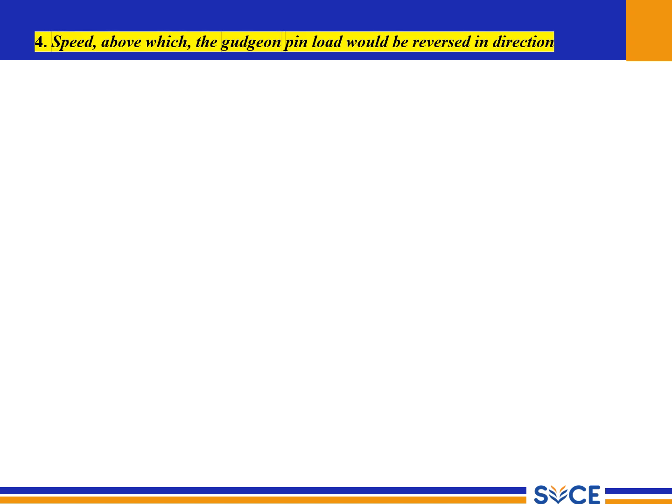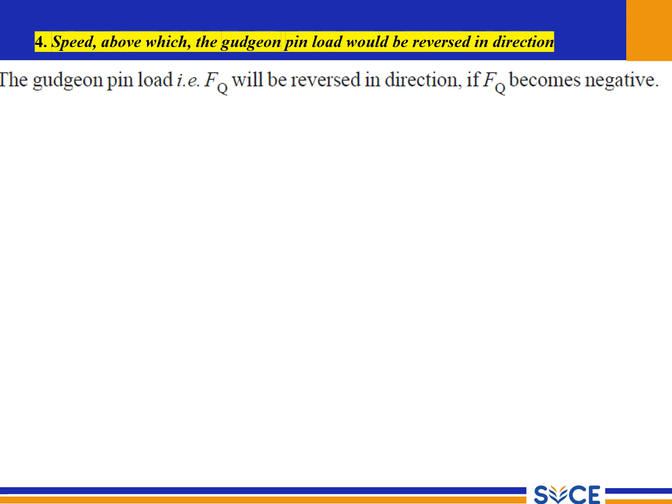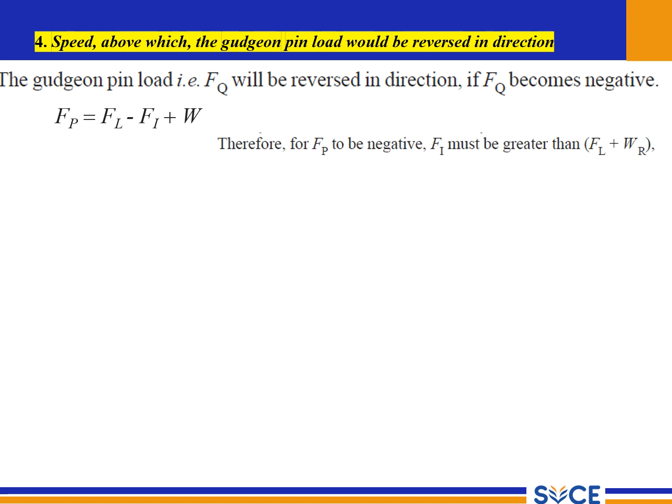So this is the main important calculation which differs from the previous problem. We are calculating the speed at which the crank reverses its direction. Actually, it is implying that when the crank is to be reversed, Fq has to be negative. When Fq is negative, it means Fp is negative, because Fp and Fq are directly related.